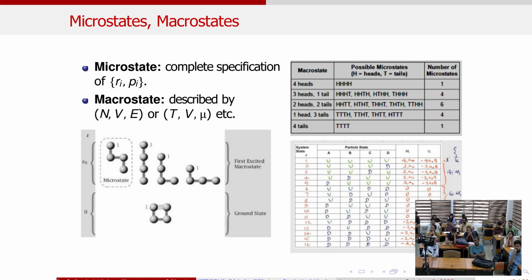Similarly, you can come down and change the trend. Instead of 3 up, 1 down, we have 3 down, 1 up, so you have the energy with plus sign. So you see, this is one macroscopic observable.